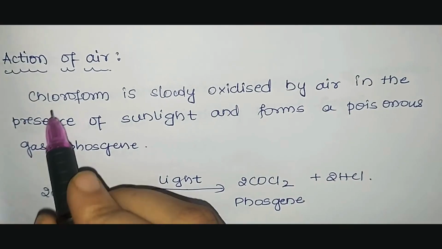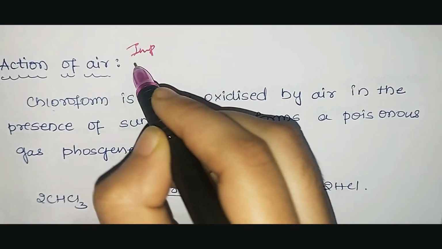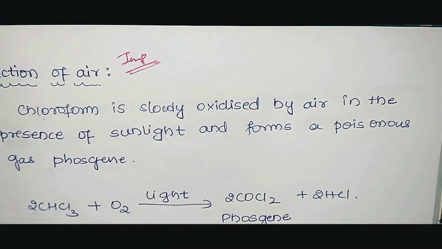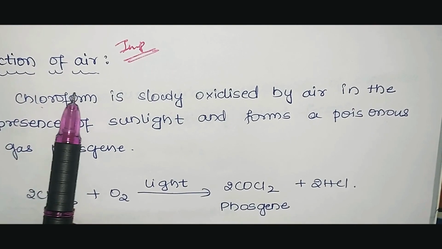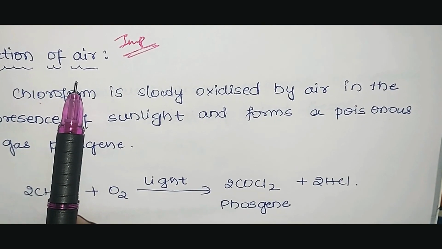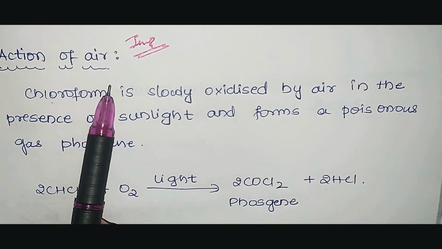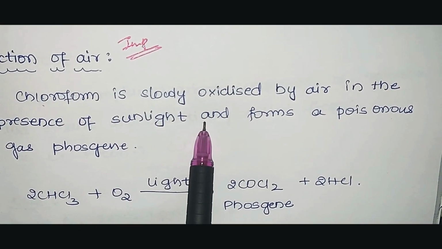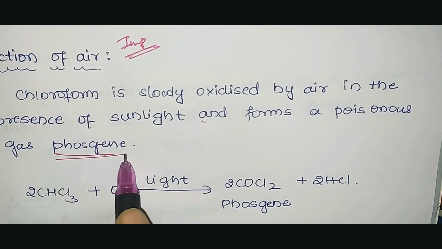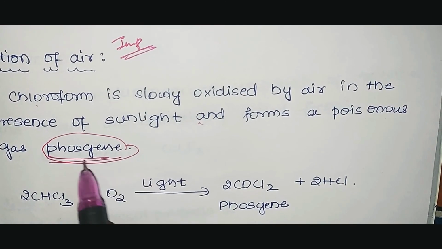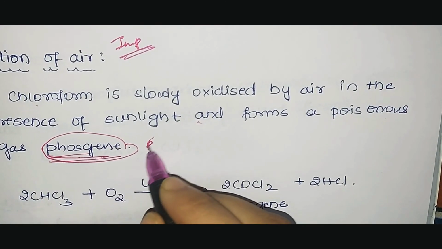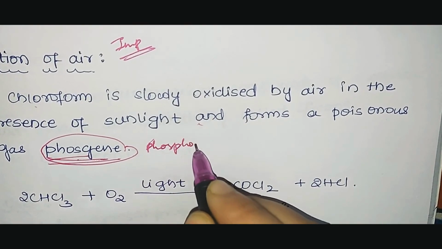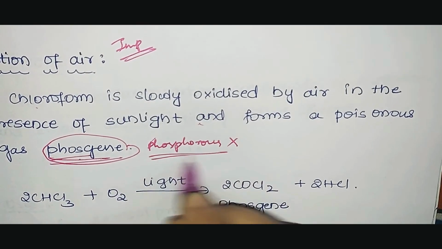The next is action of air. So when chloroform, see, it is very important. If at all it is not important for your board exam, it is very important for CET. They give you the reaction and they ask you to write the product or identify the product. So chloroform is oxidized by air in the presence of sunlight and forms a poisonous gas called phosgene. See, many get confused by hearing the term phosgene, that it might contain phosphorus, but please dear students, remember that it does not contain phosphorus.